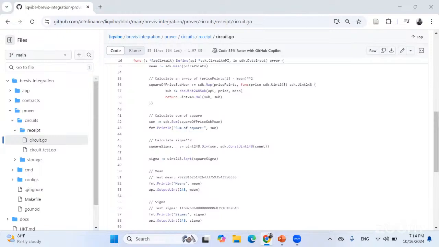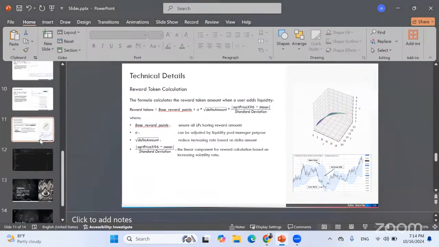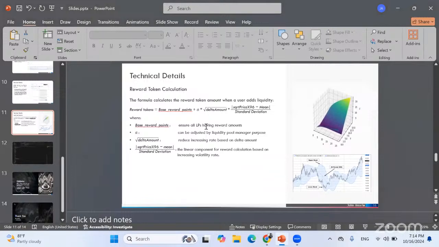Basically, if I get what you're doing correctly, whenever users add liquidity, you will give them some reward points. So what happens if users just add and remove? They will be able to get infinite points, right, through this way?